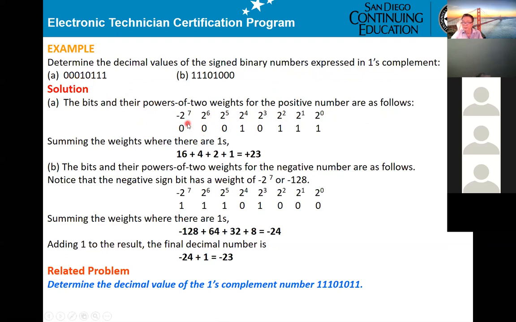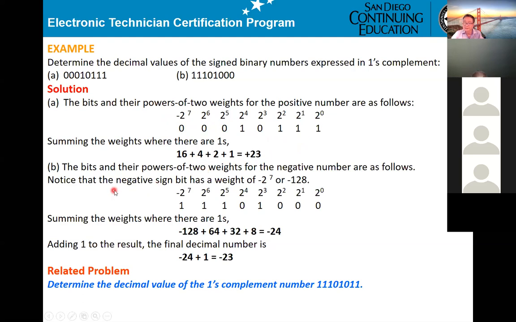So 2 power 7, the first one is 0, so you don't care. Now you care about any one that will be 1, 1, 1, 1. If you do the calculation, you get 16 plus 4 plus 2 plus 1, which is 23.